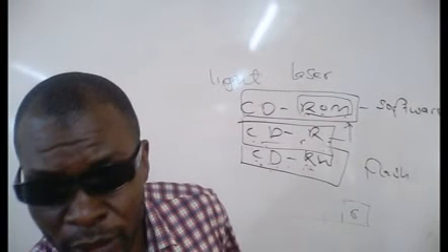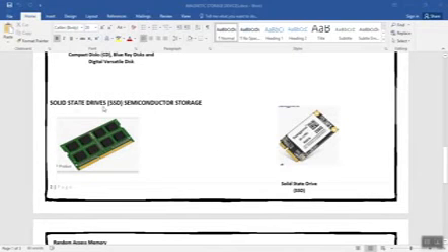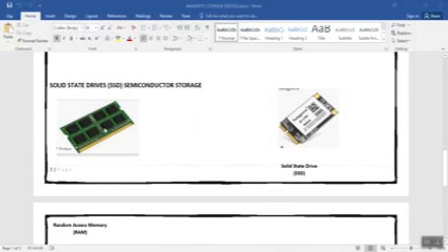Away from optical disks, we've got what we call solid state drives. The solid state drive, the main examples are the read-only memory, and the other one is the SSD hard disk. In case you're not using the common hard disk that we use in computers, nowadays most of the operating systems are being installed on this type of a disk.